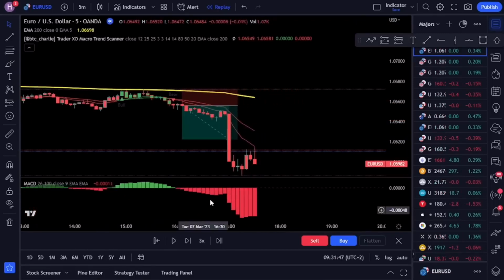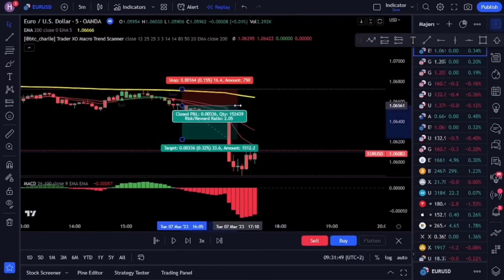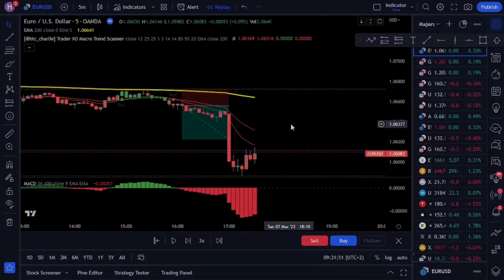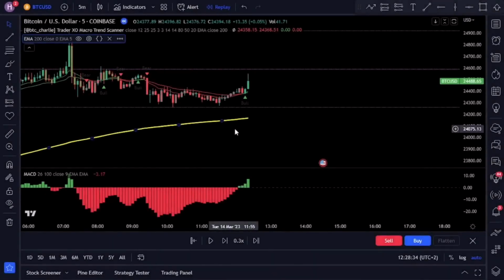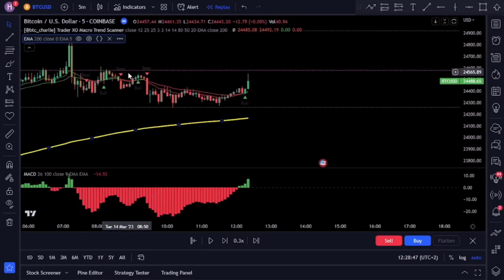One of the questions that I get asked the most is, can this indicator and strategy be used for cryptocurrencies? And the answer is absolutely yes. Let's take a look at a long trade on the BTC USD, so the Bitcoin against the US dollar. Let's check out the conditions to enter a buy trade. We have to get a long or buy signal from the macro trend scanner indicator.